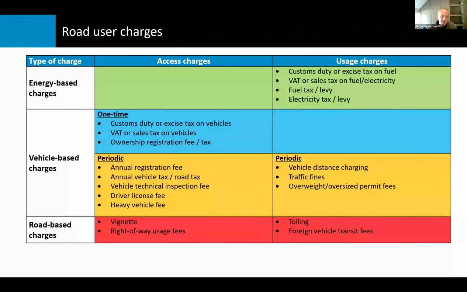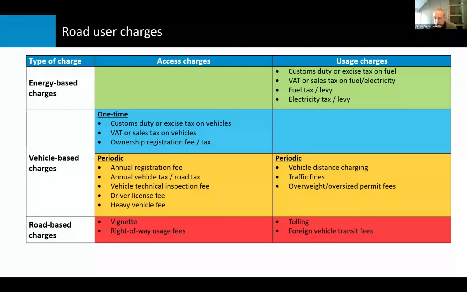On the vehicle-based charges, most of them are access charges. So you pay tax when you import a vehicle, or a sales tax when you buy a vehicle, or when you first register your vehicle. And then you also have periodic annual payments in some countries where you have an annual registration fee, or a vehicle technical inspection fee, or a road tax in certain countries.